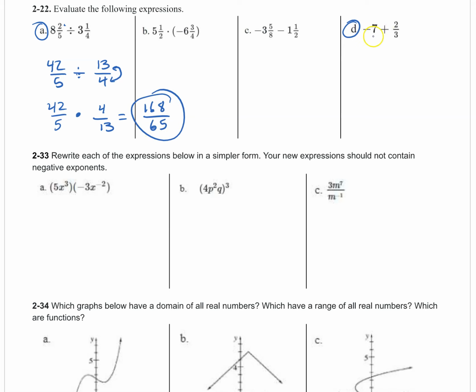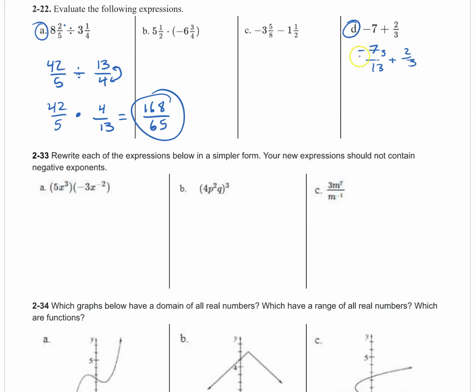Okay, part D, we've got negative 7 plus 2/3. That's the same as negative 7 over 1 plus 2/3, right? I can put any number over 1, and it doesn't change anything. Okay, so we somehow need this bottom to become 3. All right, so maybe I'm overthinking this here, but let's multiply the top and bottom by 3.